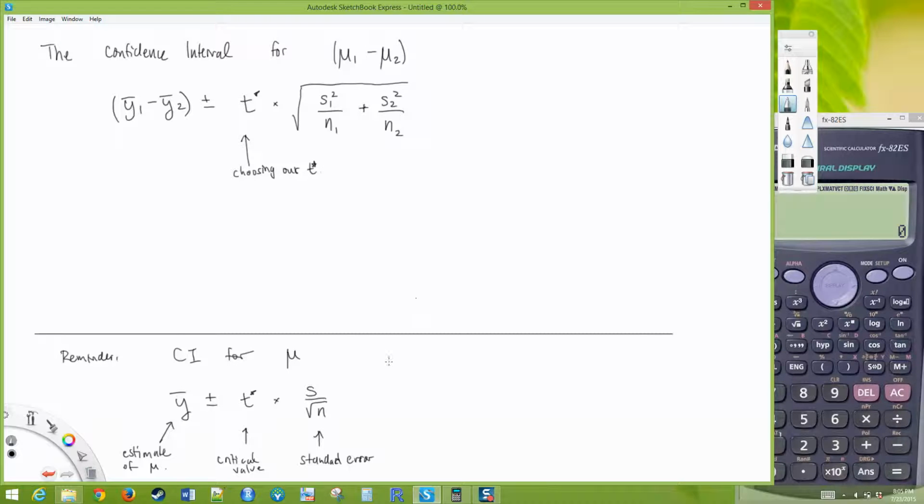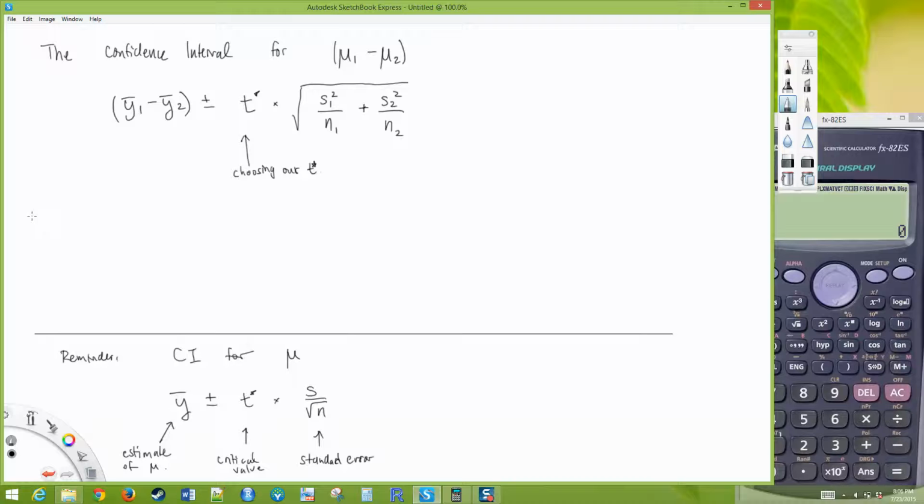Okay, so the truth is the degrees of freedom associated with t star when you are combining two different standard errors gets really convoluted.